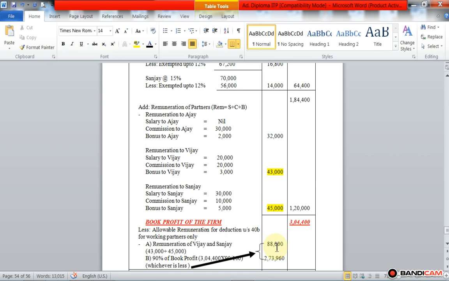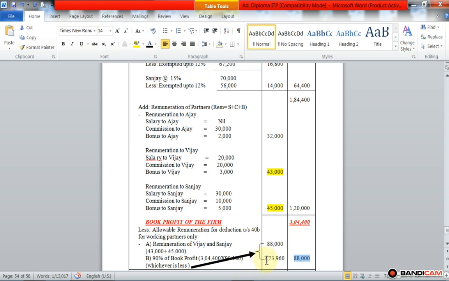So 88,000 is less, so we get a deduction of rupees 88,000 from book profit. So 88,000 is allowed for deduction.